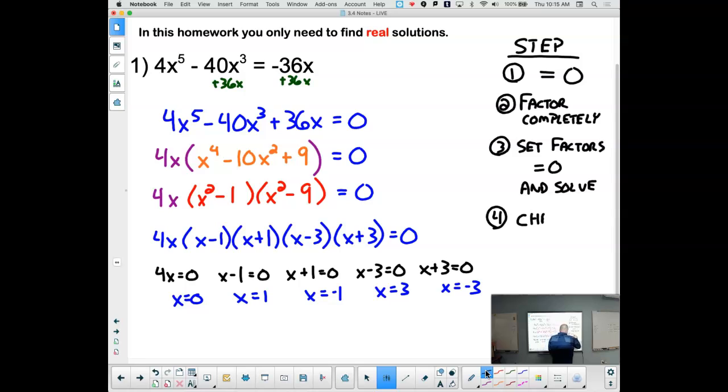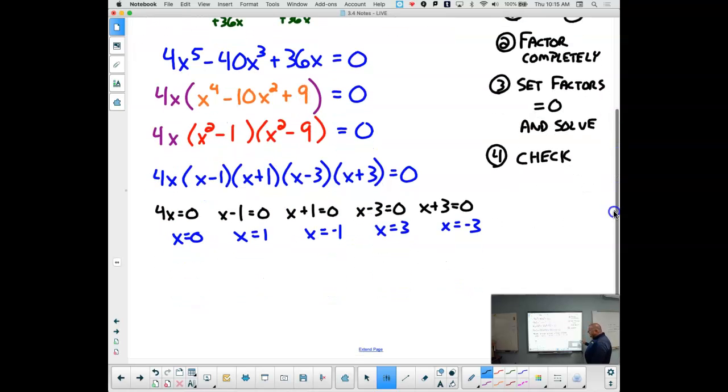And then in the final answer, it would be nice if you wrote them all in numerical order. So that would be like negative 3, negative 1, 0, 1, and 3. That would be cool.